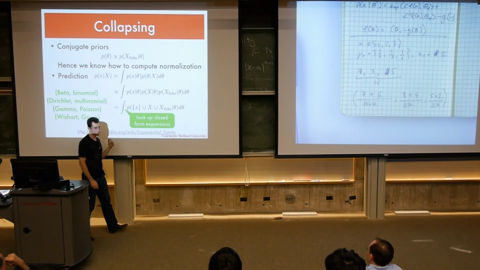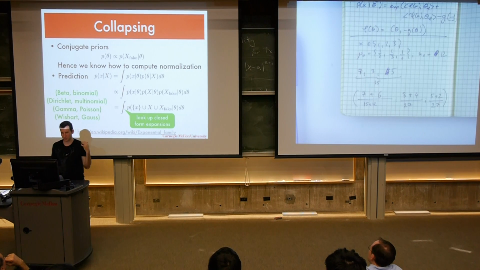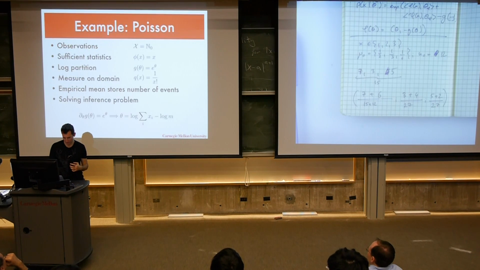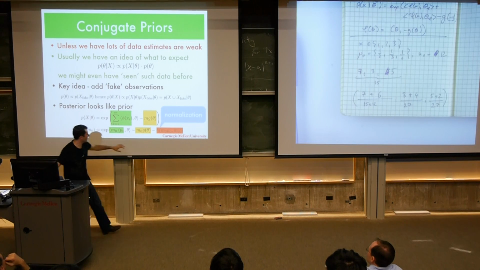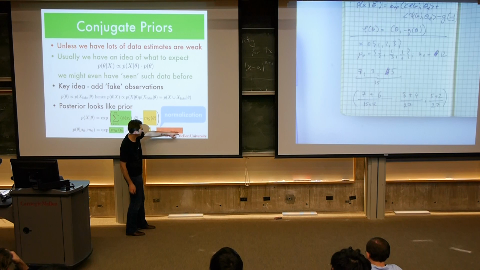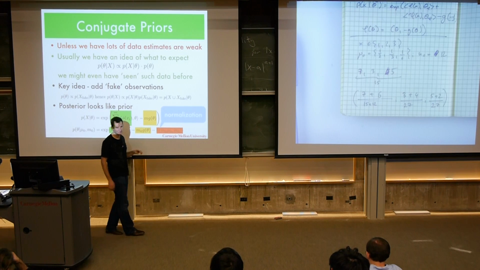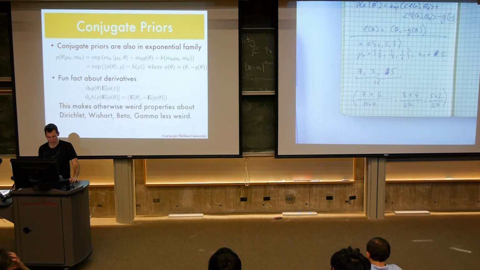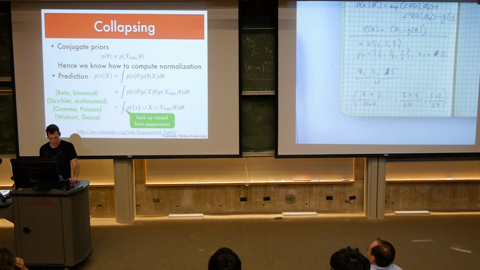And that just so happens to be something that we already computed before, because that's the normalization for the conjugate prior. That's this h function, just with slightly more complicated arguments squeezed in here. So in other words, somebody has almost certainly already done the work for you, which is good.